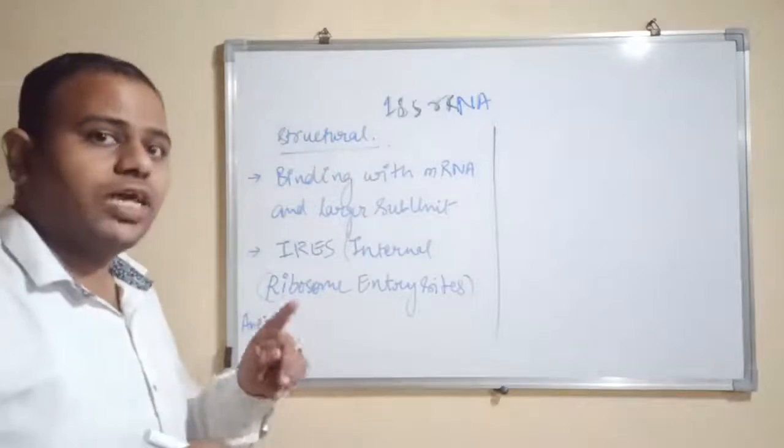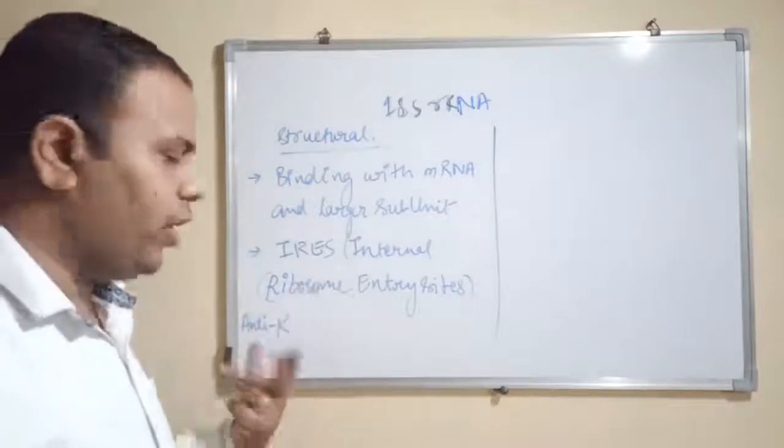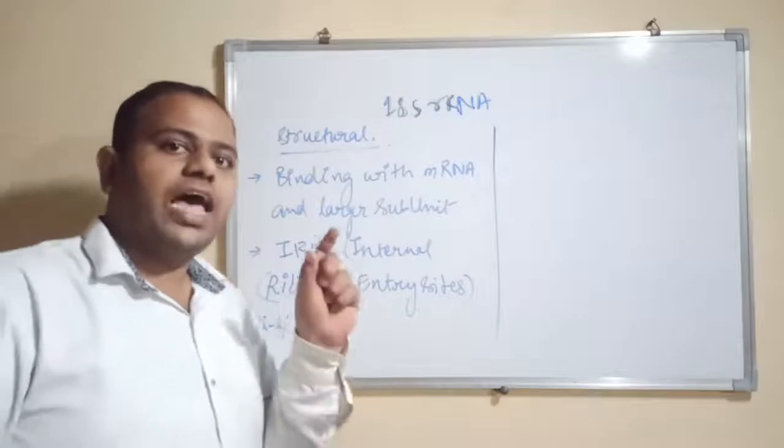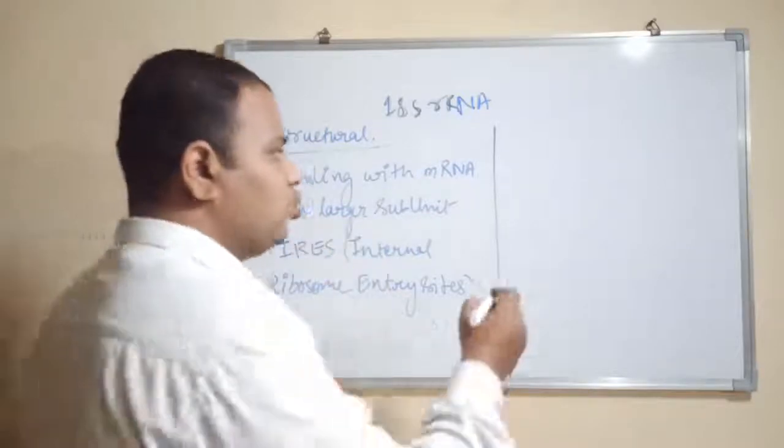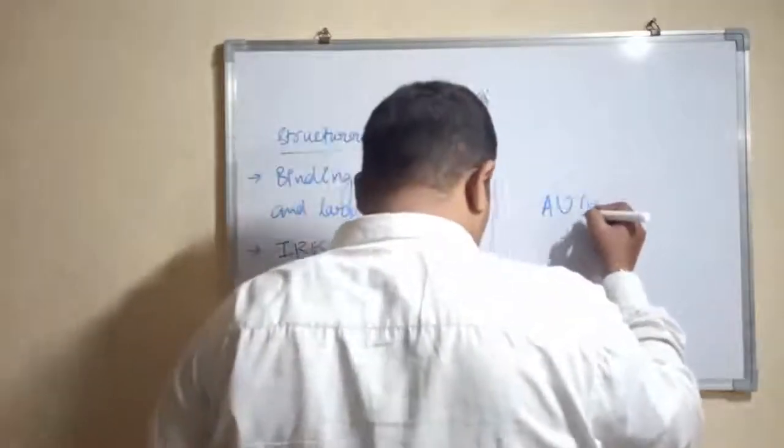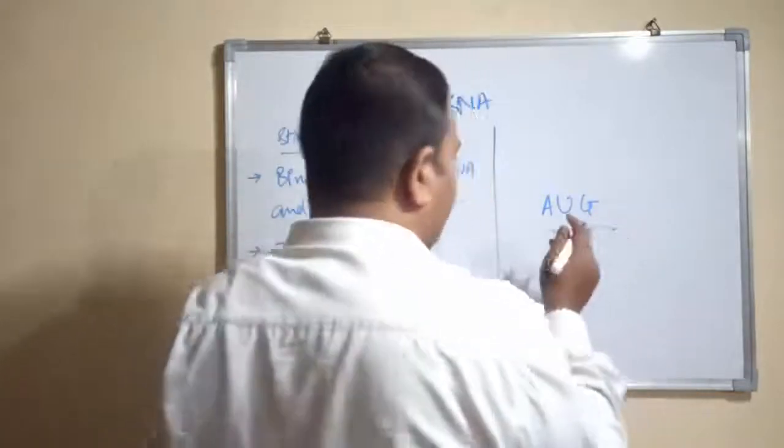We know the Kozak sequence is present in the mRNA of eukaryotic cells. The Kozak sequence has the start codon, that is AUG, within the sequence.